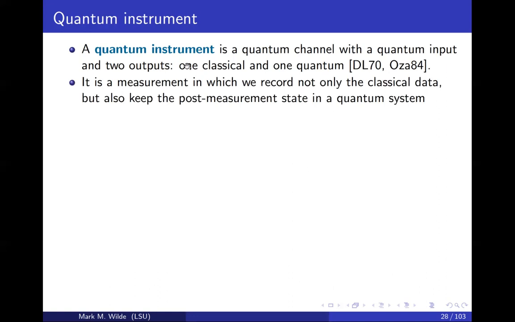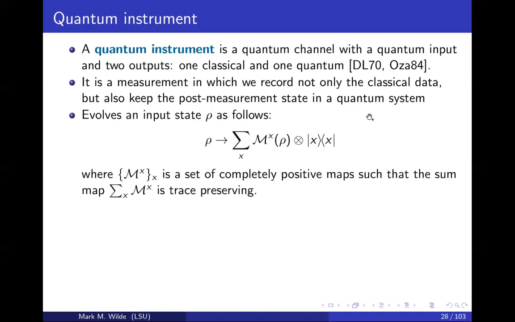So in this kind of quantum instrument, you're recording not only the classical data, but also keeping the post-measurement state. Mathematically, you write it like this. So you have a set of completely positive maps, such that the sum map is trace preserving. And here is where there's the quantum output, the post-measurement output, and here's the classical output.